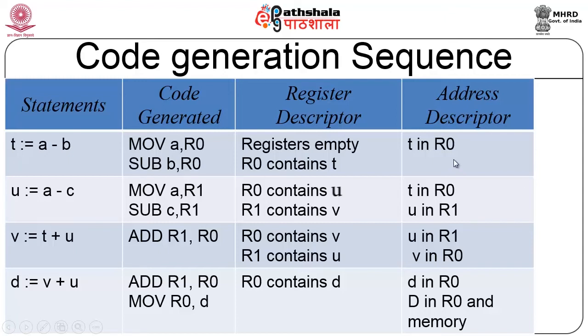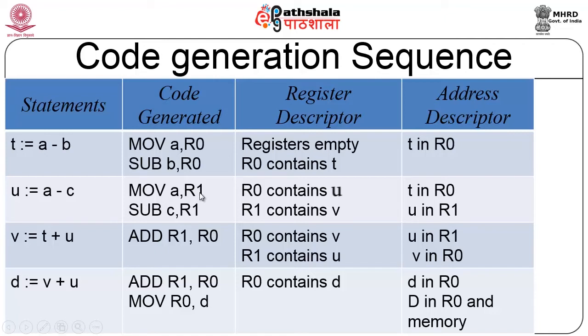At this point I will update the register descriptor and address descriptor: R0 contains T, and T is available in R0. The next one is U is equal to A minus C. Same thing is done here. We already know R0 contains T, and A is not in R0, so A is in memory only.